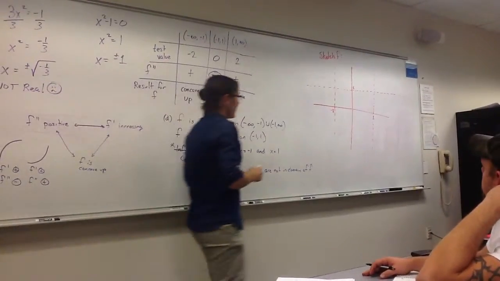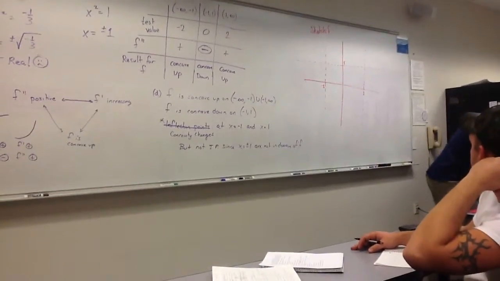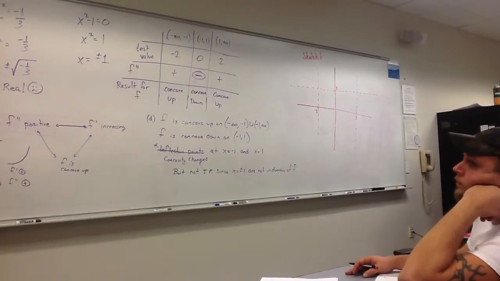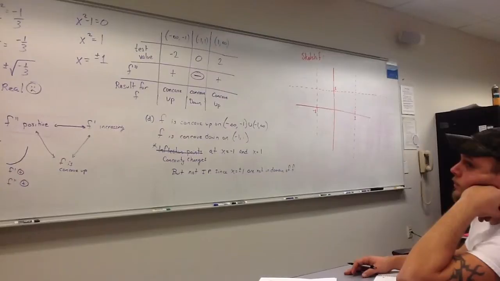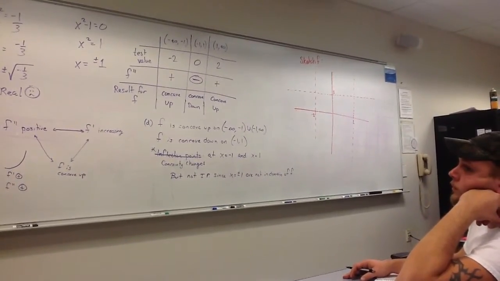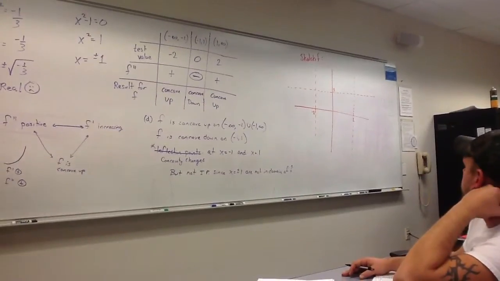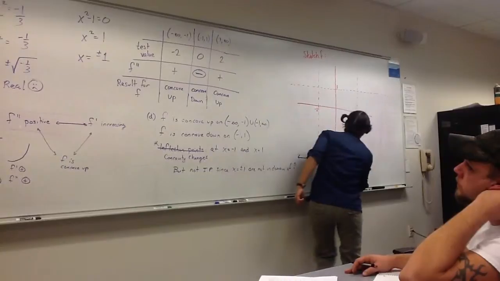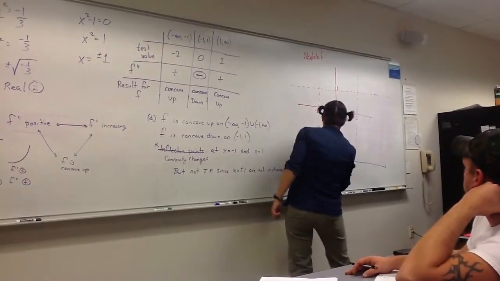Now, in terms of our function, f is increasing and decreasing on these intervals. I'm going to draw a number line down here to help me with increasing versus decreasing.